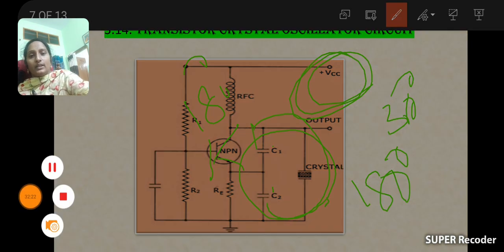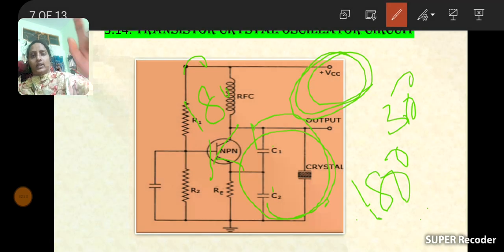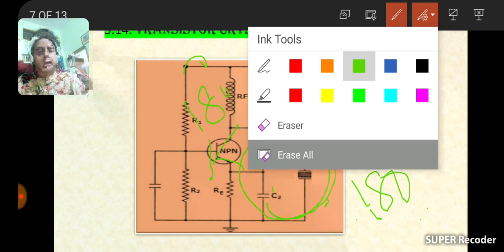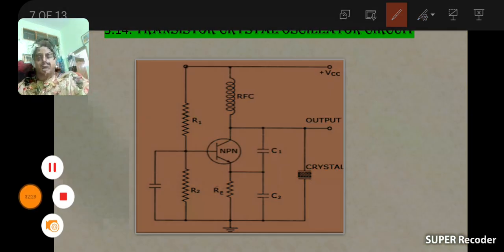So finally it is able to produce the oscillations.